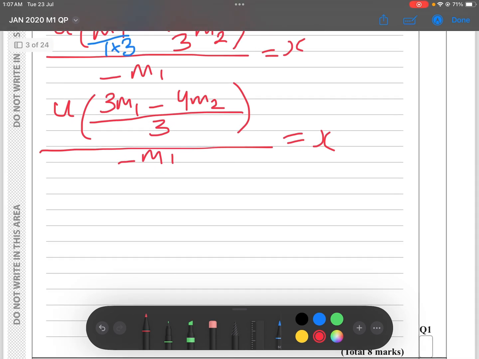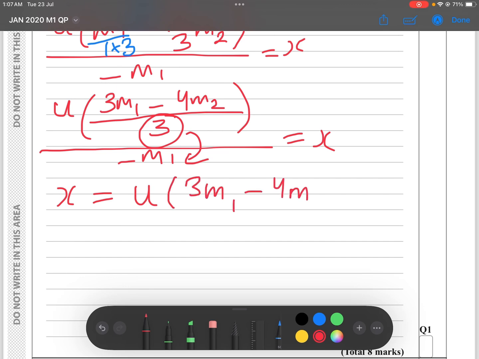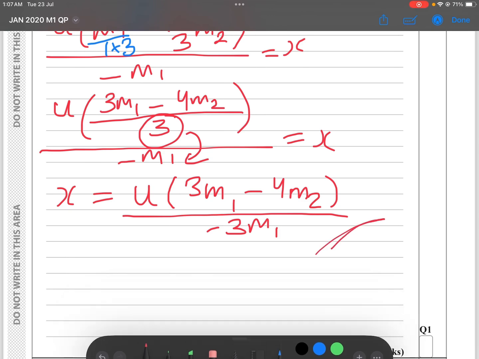And now this 3 can come down to here because it's a denominator, right? So the final answer is going to be x equals u times 3m1 minus 4m2, whole thing divided by minus 3m1. This is part B.